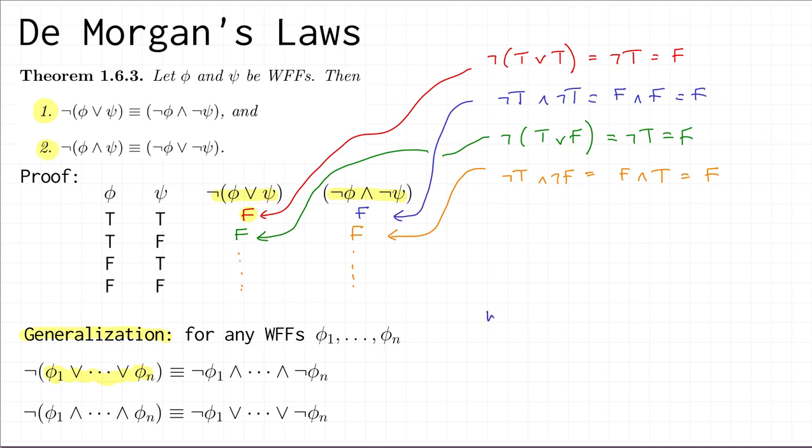So we can regard phi 1 or phi 2 or up to phi n as being, or referring to, any of the well-formed formulas you can get by adding brackets.